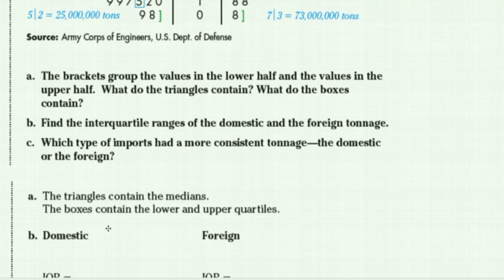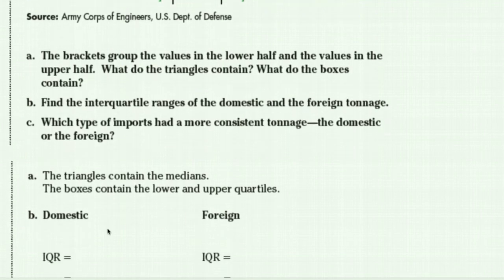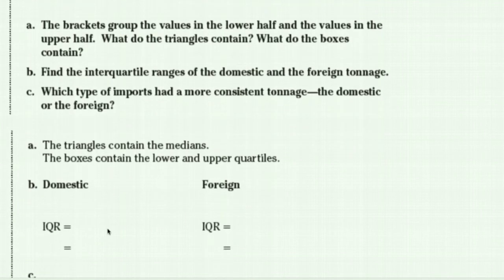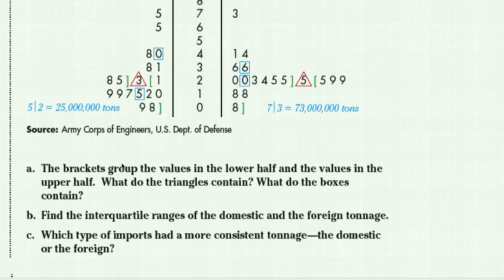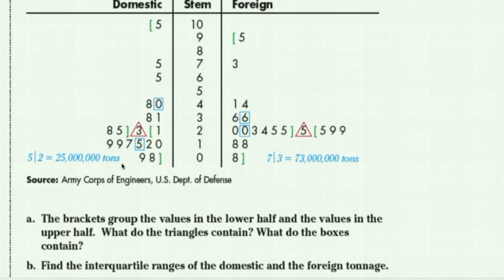And in letter B, find the interquartile ranges of domestic and foreign tonnage. From what we know already, our upper quartile is 40,000 tons, and our lower quartile will be 15,000 tons.